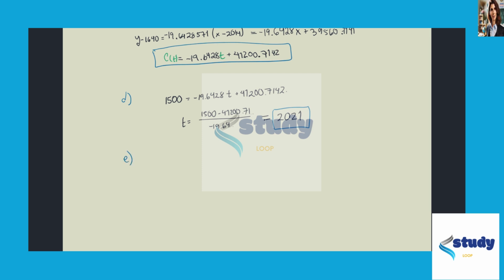And now for part E, if we knew that the function has a positive second derivative, that is, that the function is concave up, then our answer for part D would be too early. That is, the concentration at 2021 would be much higher than 1500.